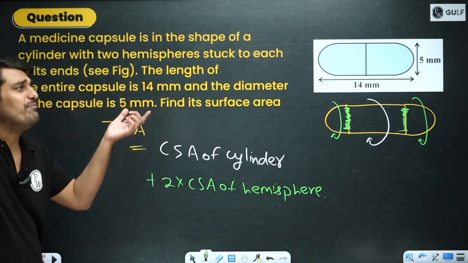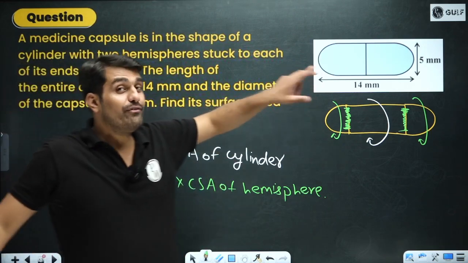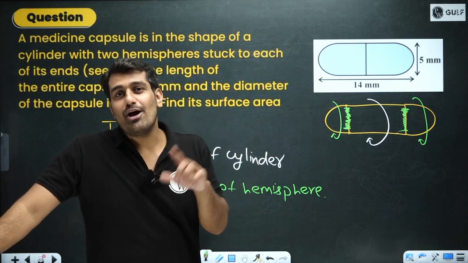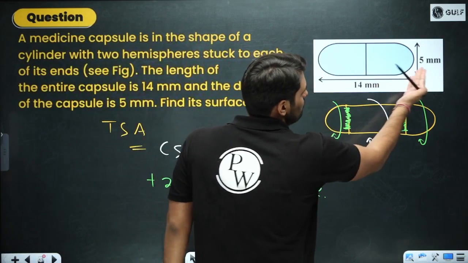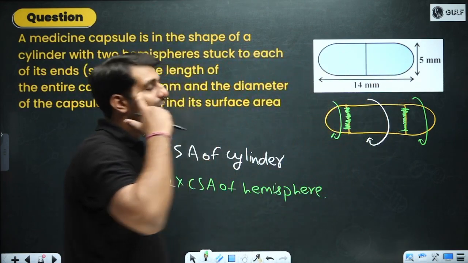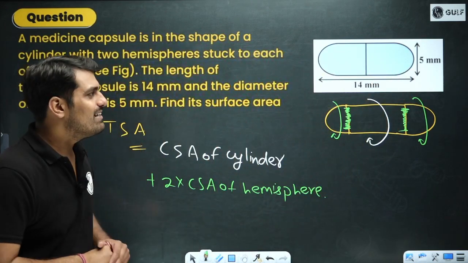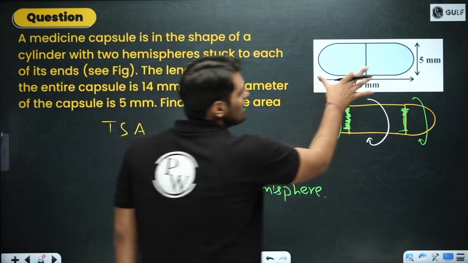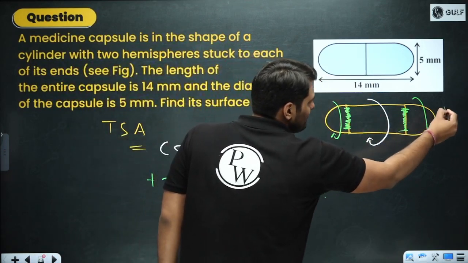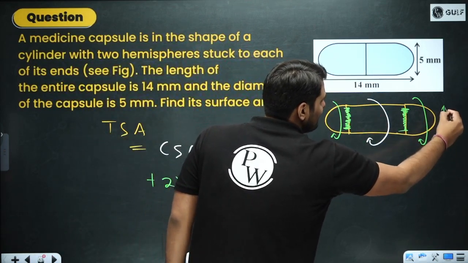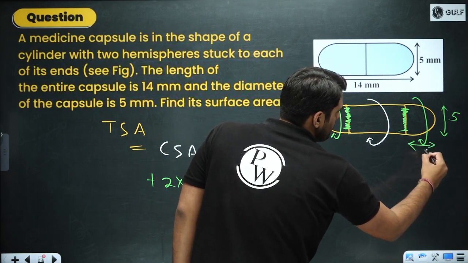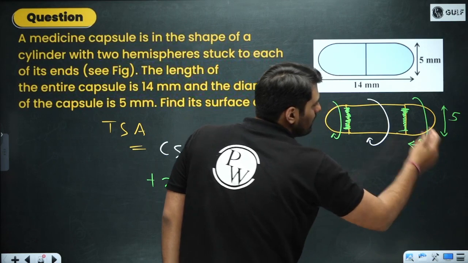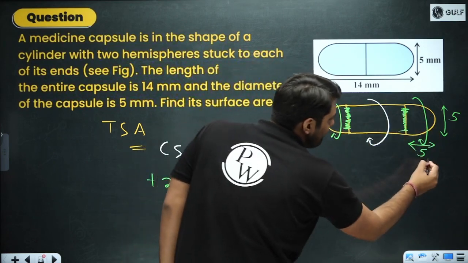The dimensions have been given. The interesting part about this problem, if you are going to solve it, is that 14 is the entire length of this capsule. So how would we get to know the height of the cylinder? The height of the cylinder can be easily known, because if this is 14, I know one dimension, which is this. This is 5. This will not be exactly 5, this will be 5 by 2.